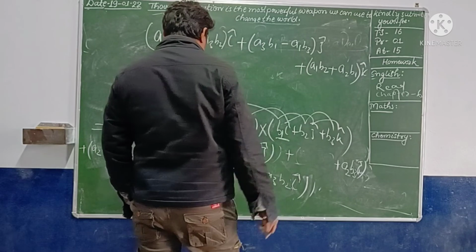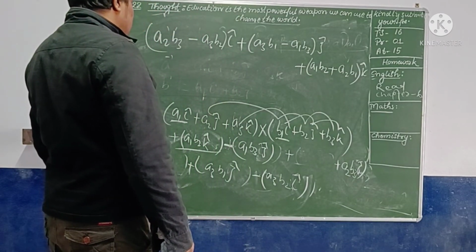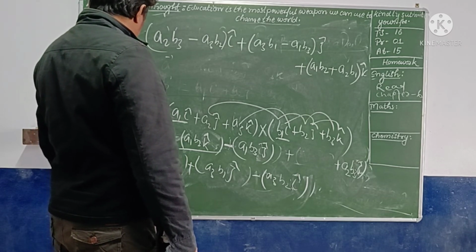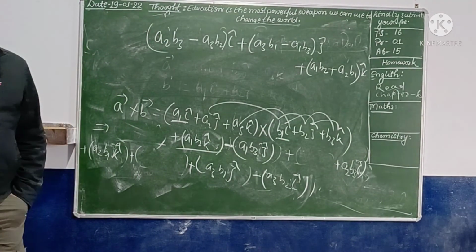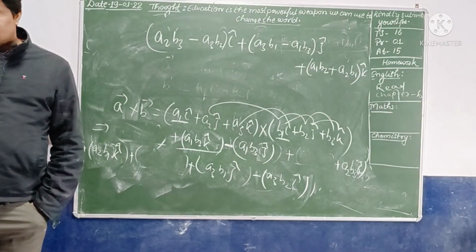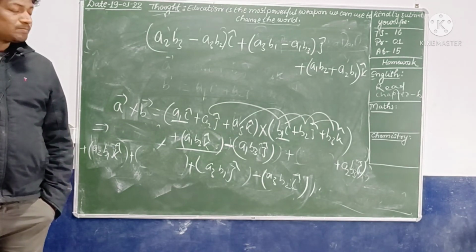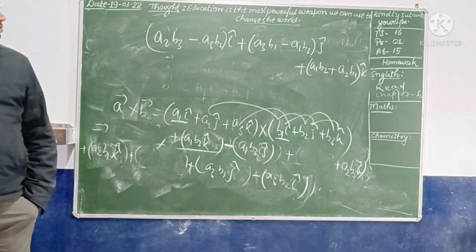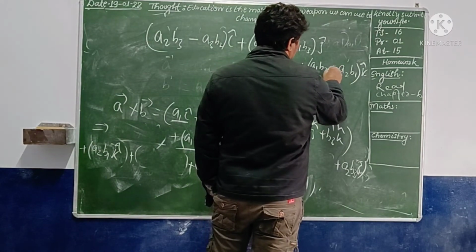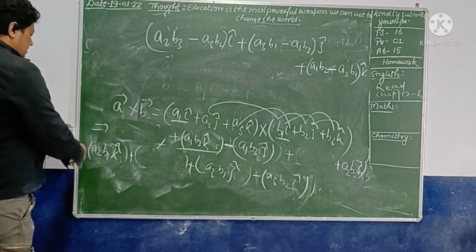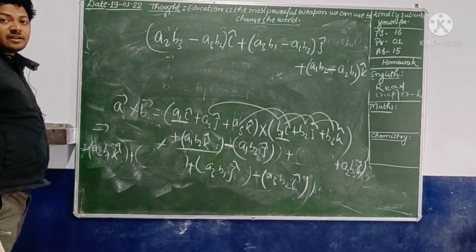Something was wrong here, it's not positive, it will come negative. A1 B2 minus A2 B1, right? This value will be negative.